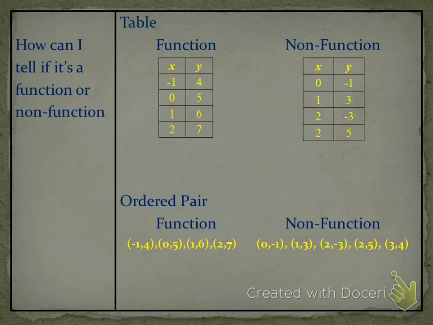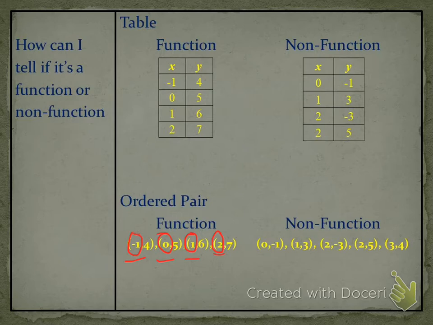Ordered pair. Circle your x's. These are ordered pairs. All I did is I took these numbers here and I put them into ordered pairs. All you do is look at the x's down here, and I see that none of them are repeating.